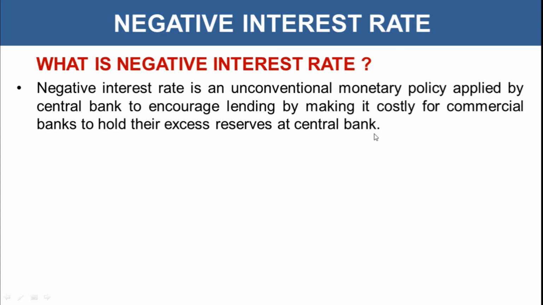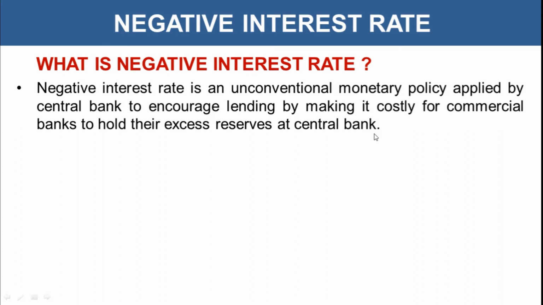How does it work? The main thing you need to keep in mind is that it starts with the central bank. Generally, when commercial banks park their excess money with the central bank, the central bank pays them interest on the money they have deposited.